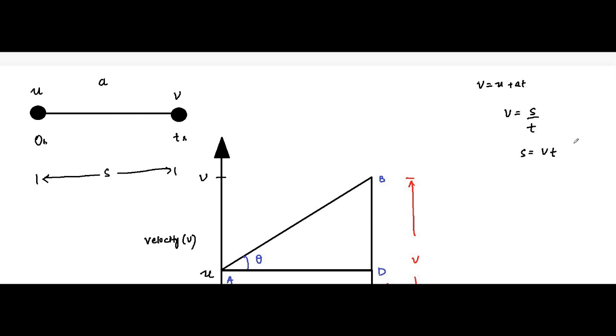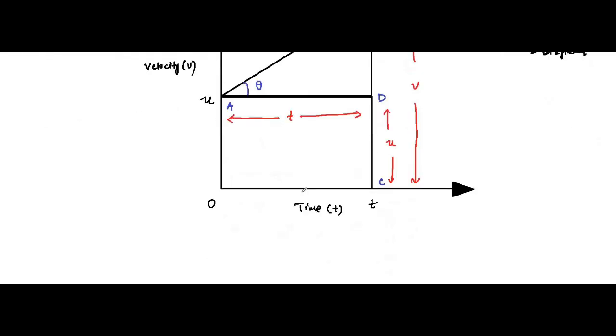And from the basic characteristics of the velocity time graph, we discussed that the displacement of a particle in a particular time interval is given by the area under the velocity time graph, which is the displacement of the particle. So the same concept we'll be using here.